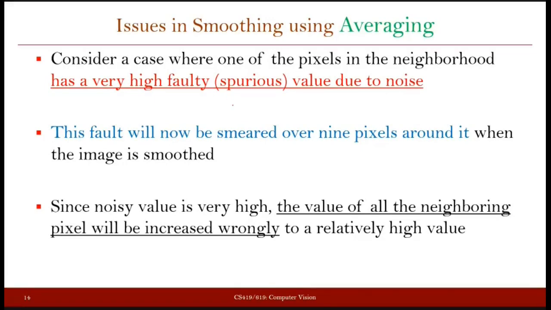We are considering a small neighborhood where all 8 pixels have the right value, the value which you are expecting, but at the central pixel you have a very different value, a spurious value, or you can say a faulty value.